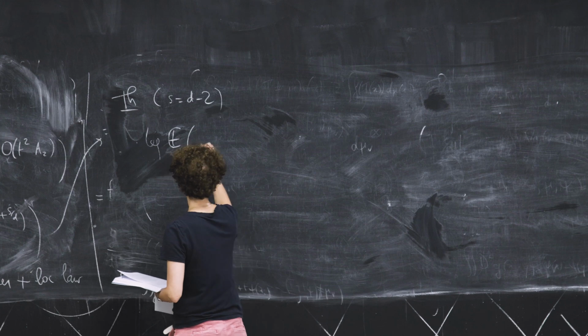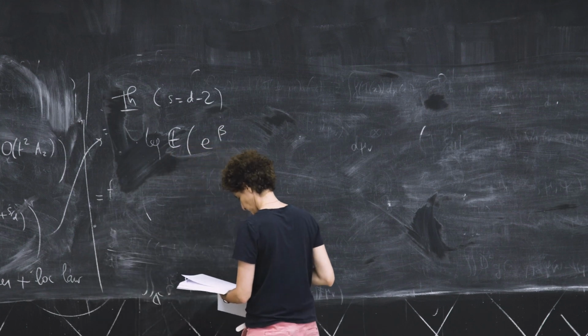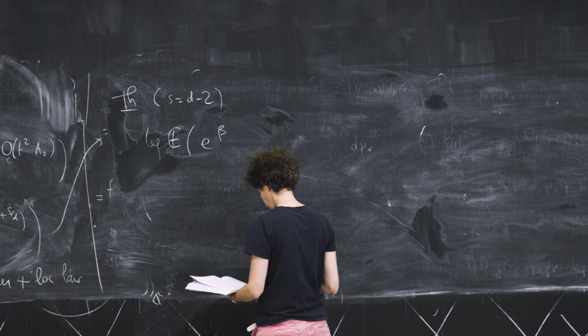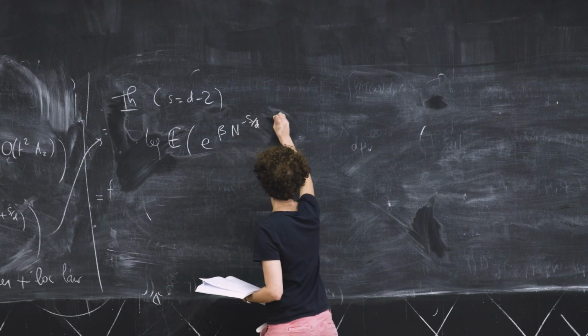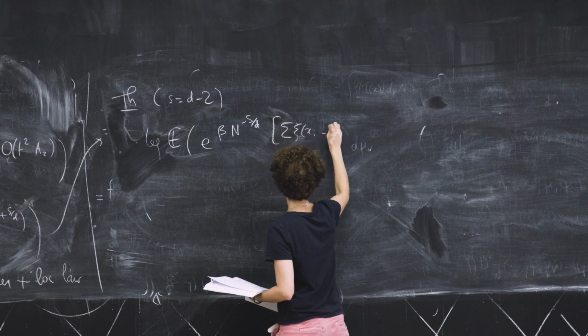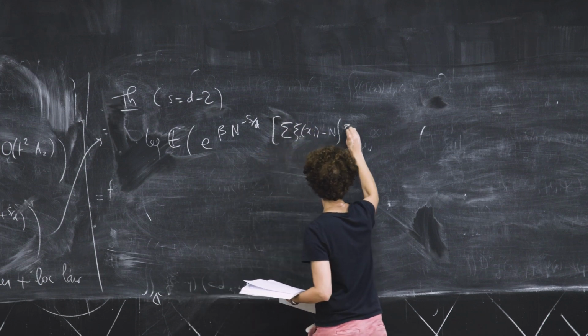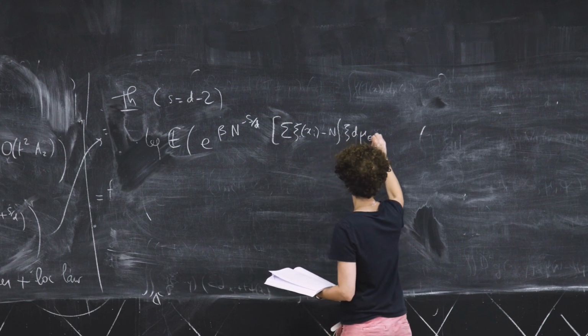You get that you control e to the beta n to the minus s over d times the sum of xi of x_i minus n times the integral of xi d mu theta.